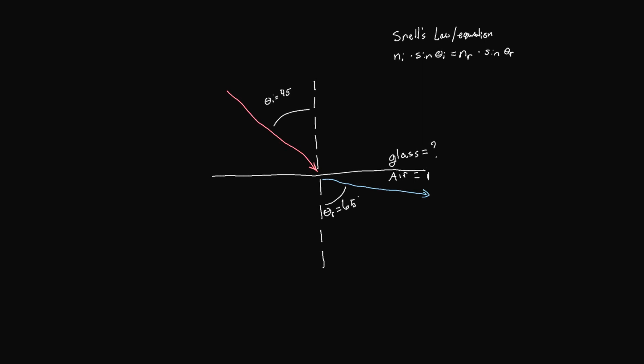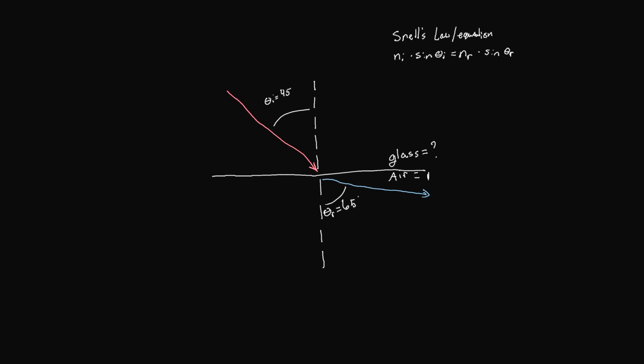So now we have all this information, right? We have our theta I, that incident angle, and we have our refracted angle. We do not know our Ni, that's what we're trying to figure out. So that's our glass, but we do know our Nr, and that's going to be our air. So let's go ahead and plug all those things in.